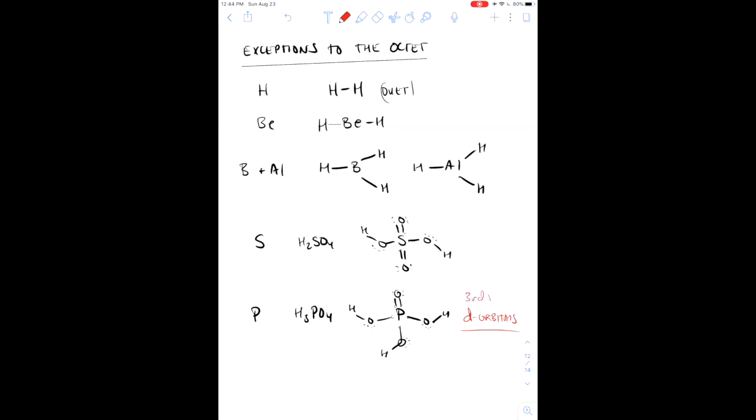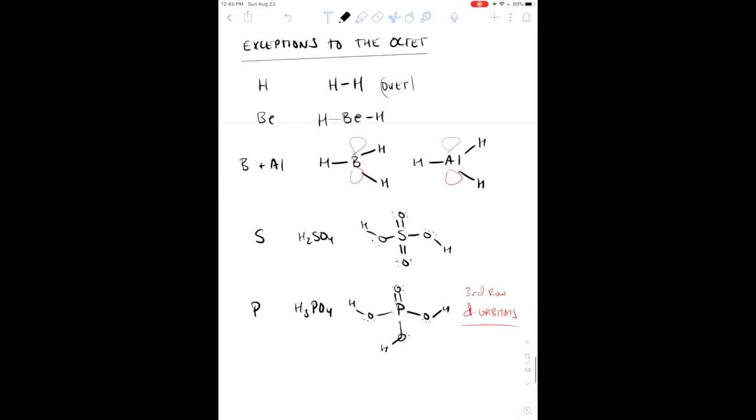Whereas boron and aluminum, for example, only have the s and p, and these guys actually have a vacant p orbital sticking up and down because they have a trigonal planar geometry. And so these guys are electron deficient, while the sulfur and phosphorus are electron rich.